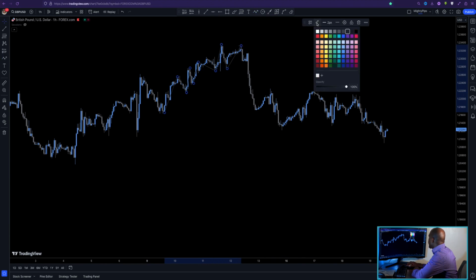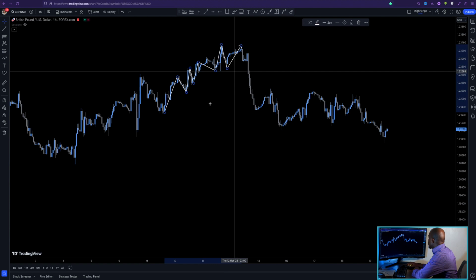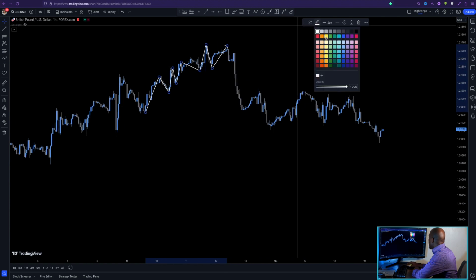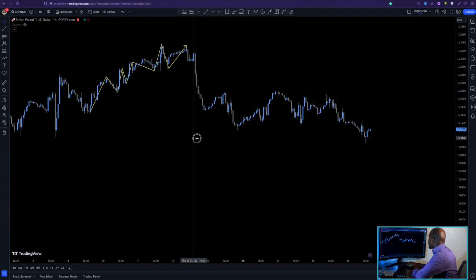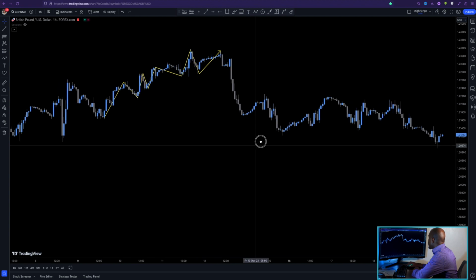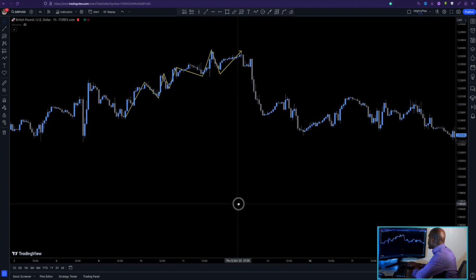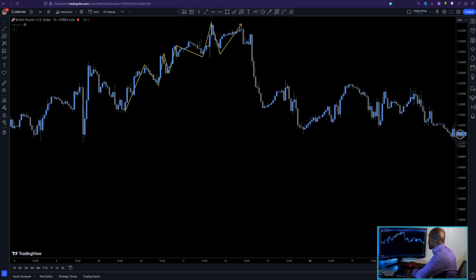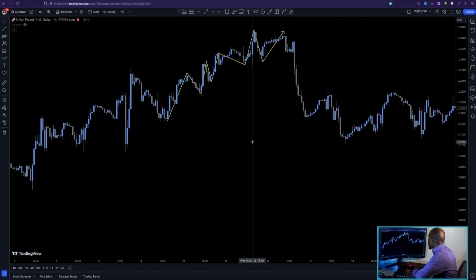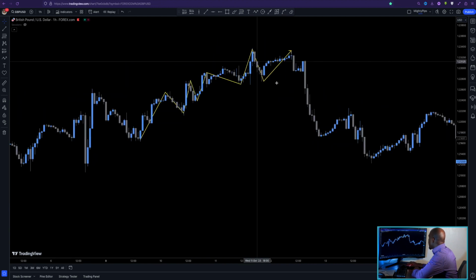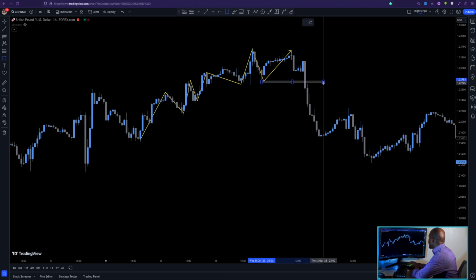Okay, let me just change this to white so that you can see, or let's make it yellow. Right, so you can see here that there was a market structure being created here by GBP USD moving up. Okay, so what happens here is that we get a market structure shift. Right here on this higher low, we get a market structure shift, right?